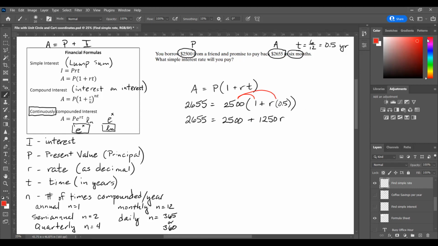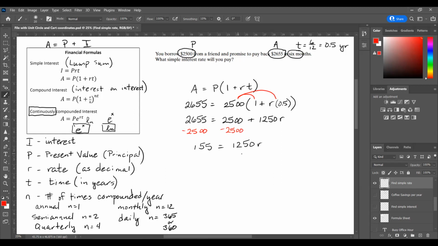Now remember, when we're solving these equations, we start furthest away from the R, and right now the 2,500 is added, so I will subtract that from both sides. And once I do that, I have 155 on the left, and I'm left with just the 1250R on the right.